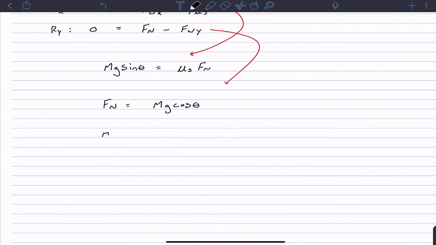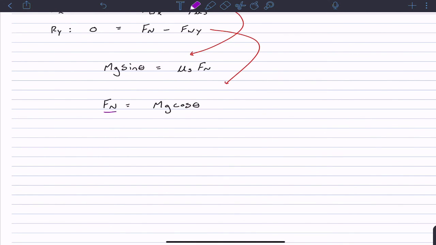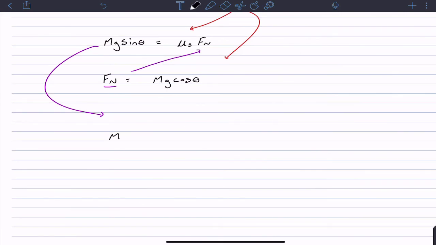So now we take these two equations and we combine them. We just plug this into here, and then we bring it all down. So let's just rewrite it. Mg sine theta equals mu times mg cosine theta.